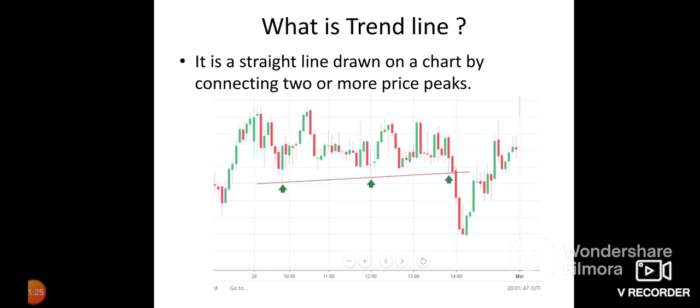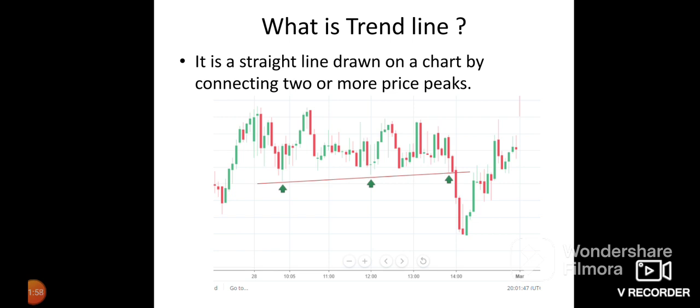A trend line is a straight line drawn on a chart by connecting two or more price peaks. As you can see here in the picture, it is marked using 3 arrows, where all three points just touch the trend line.